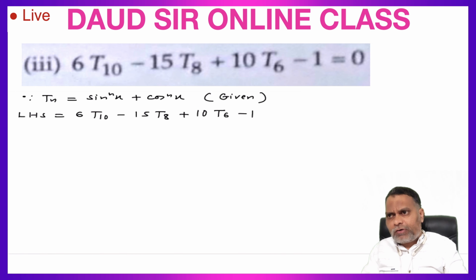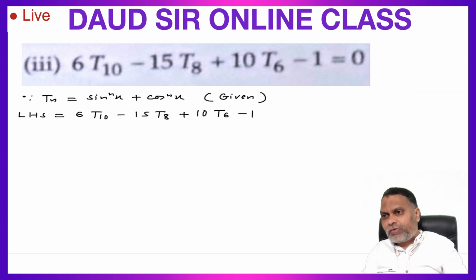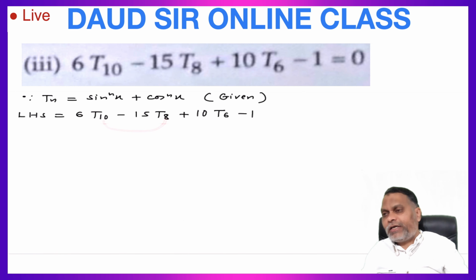For 10 we don't have the formula. And t8, sine raised to the power 8x and cos raised to the power 8x, we don't have the formula. And for this t6, sine raised to 6 and cos raised to 6, we can write this sine square x whole cube and cos square x whole cube. So these two terms are difficult here, t10 and t8.